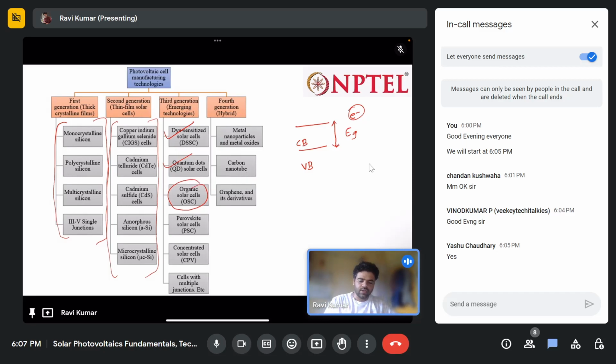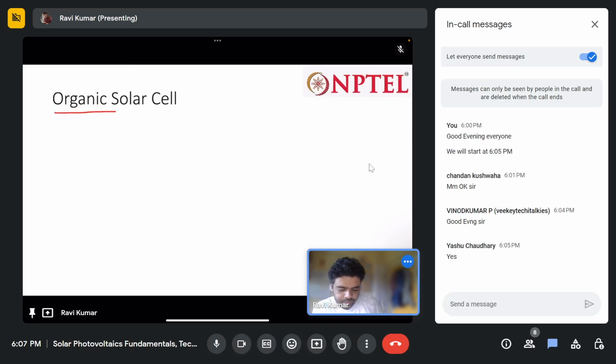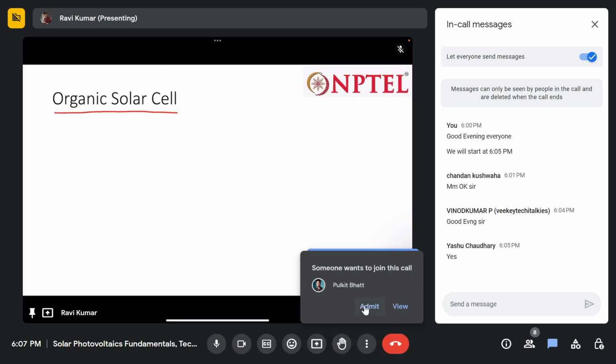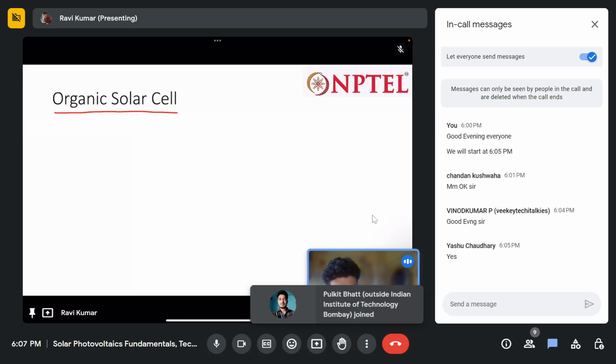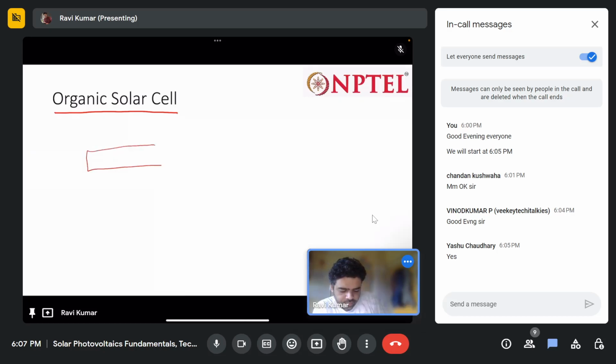So organic solar cell. First, let's see a crystalline silicon solar cell. We will just compare the same thing. So in the crystalline silicon, we have N-type semiconductor, we have P-type semiconductor, and here we have a junction.